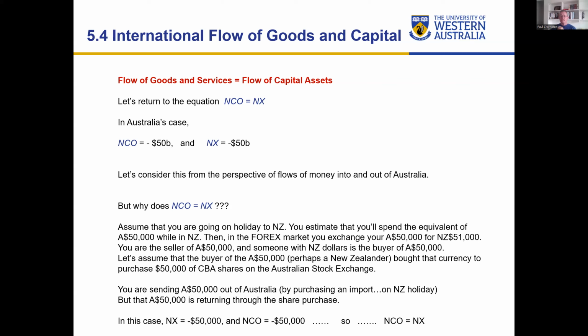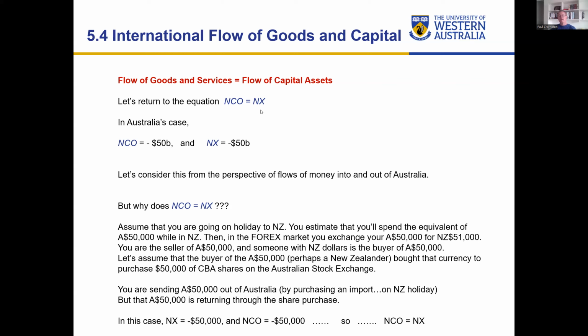So obviously, every quarter, every year, that equation is going to hold, but there's going to be continual disruptions to this equation. So for example, for NCO, you may have an Australian company investing $10 billion overseas. That would increase the value of NCO and temporarily mean that that equation no longer holds. Well, then the question is, how do you restore this equation to balance?